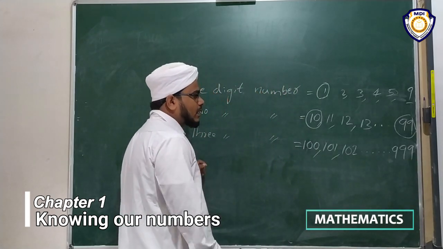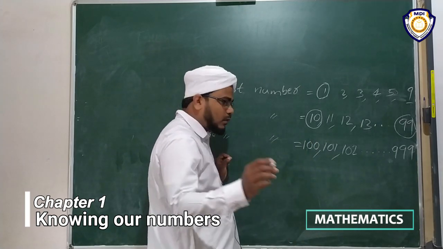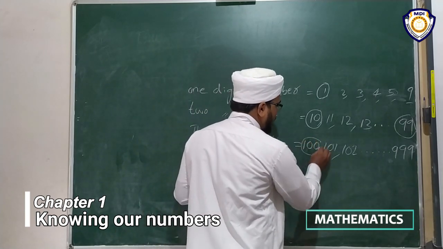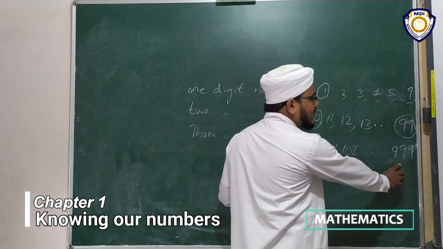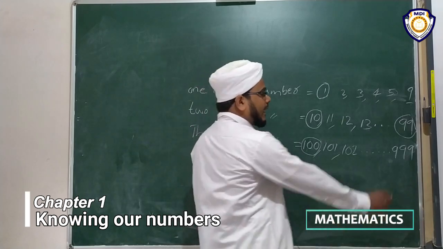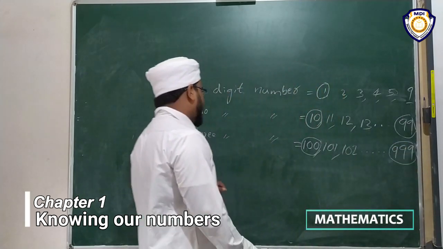Okay, my question, which is the smallest 3-digit number? Sure, this 100 is the smallest 3-digit number and which is the largest 3-digit number? 999.